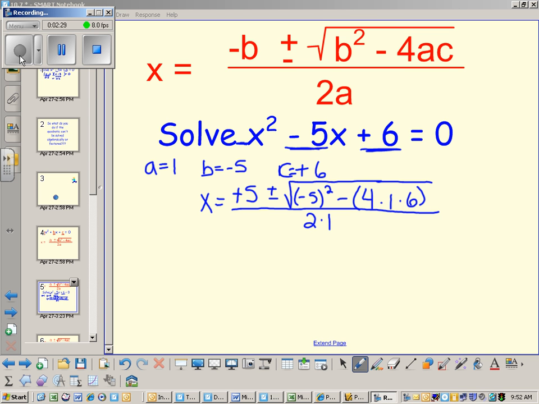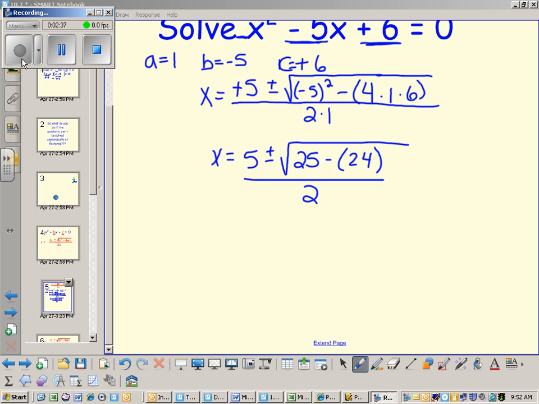So just keep that in a quantity, all over 2 times a, or 1 in this case. So then from there, we just simplify it out. So in our next step, we end up with x is equal to 5 plus or minus the square root of 25 minus 24, all over 2. So then that gives us 5 plus or minus the square root of 1 all over 2.